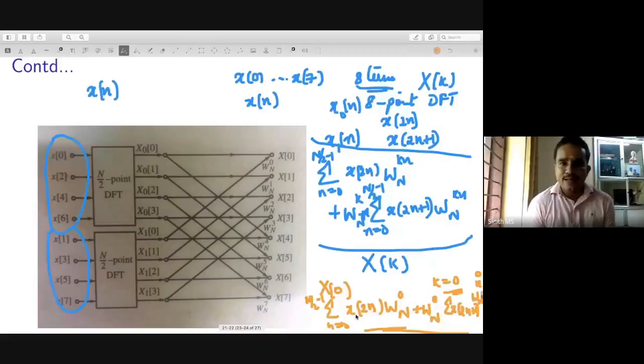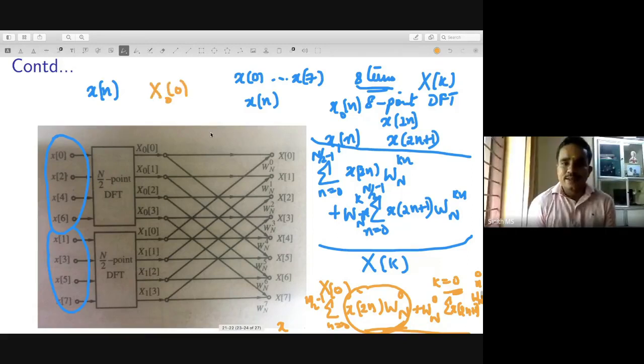So basically what you're doing is, to find capital X0, you're multiplying your x1. What is this basically? This is the DFT of the first term, or you can represent this as capital X00.